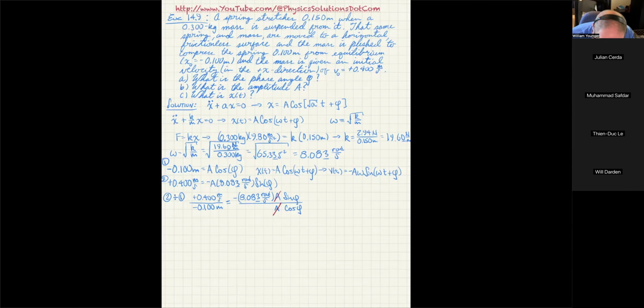So now what I've got is positive 0.400 divided by negative 0.100 gives me just plain 4, and it actually should be a negative 4.